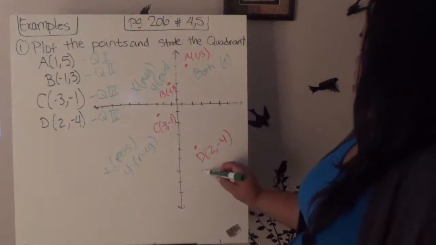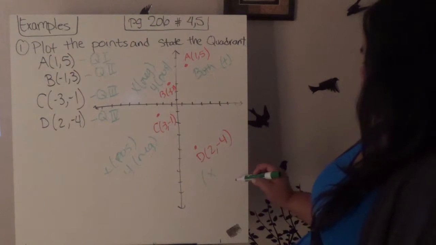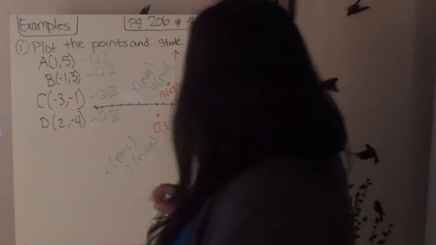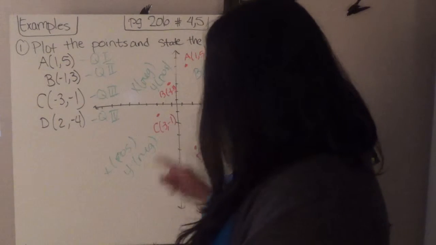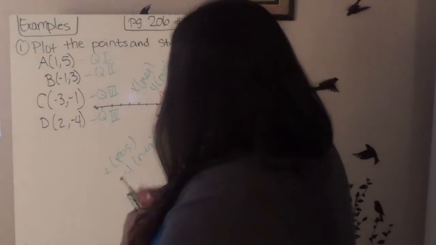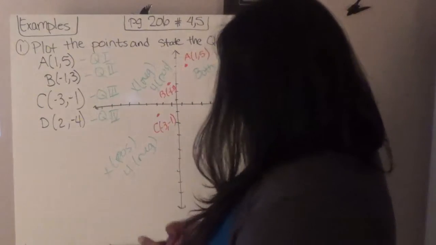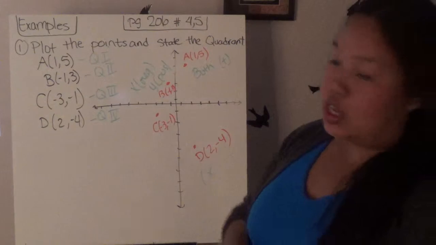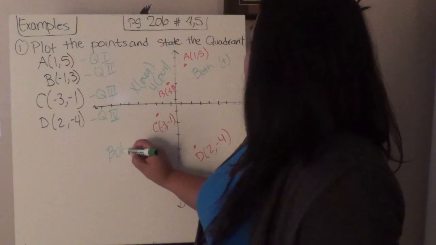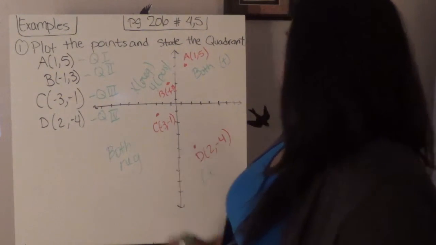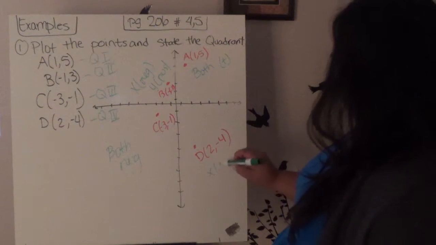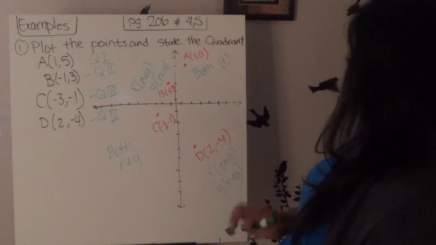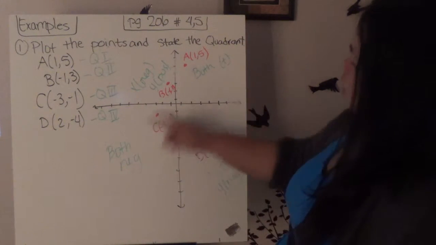And this one, C, both are negative. Sorry, this is a negative 3. So, my apologies. So both are negative. Okay, this one, x is positive and y is negative. They're kind of opposites of each other, if you can see.